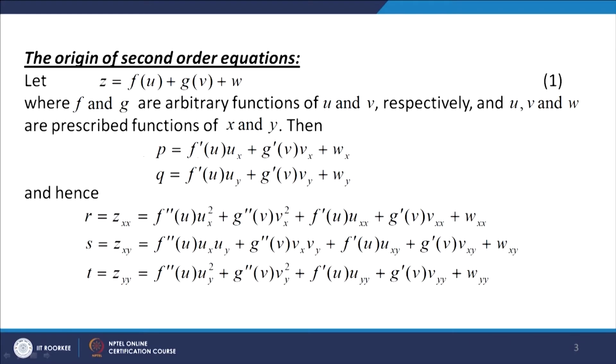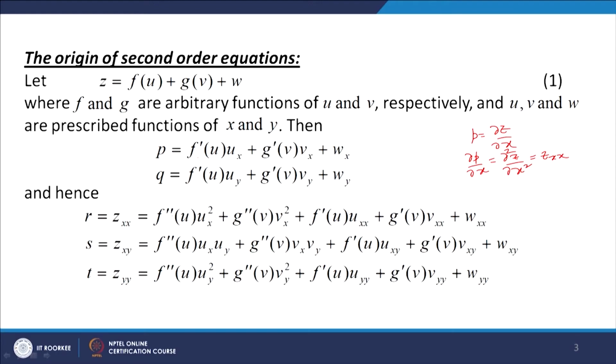So let us differentiate this equation with respect to x partially. Then the partial derivative of p with respect to x will be r, because p is the partial derivative of z with respect to x, so it is zxx. This is a product of two functions of x and y, so we use the product formula for the derivative.